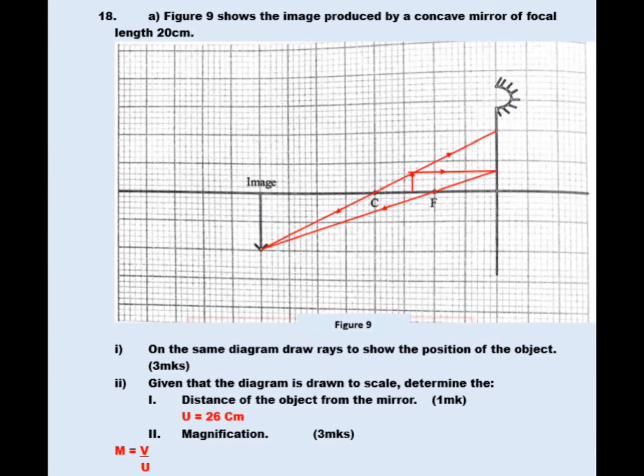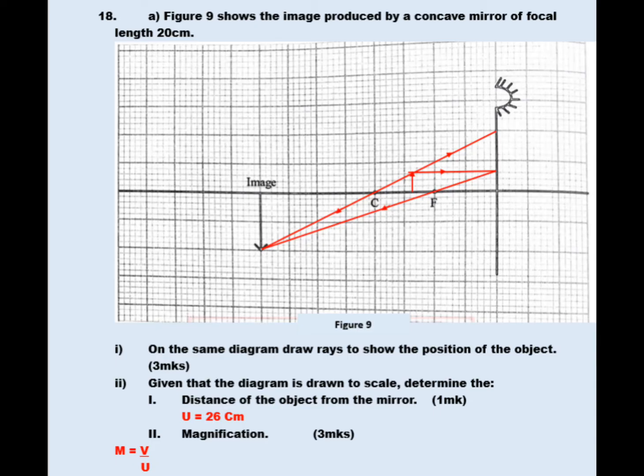Question 18 A. Figure 9 shows the image produced by a concave mirror of focal length 20 centimeters.